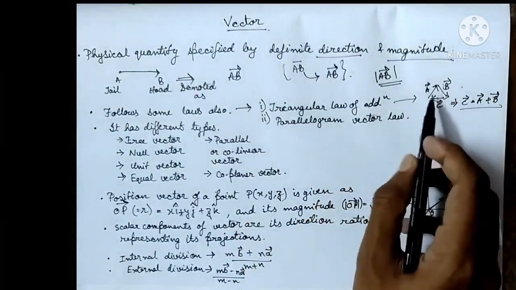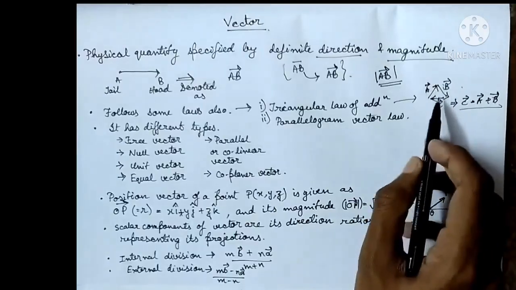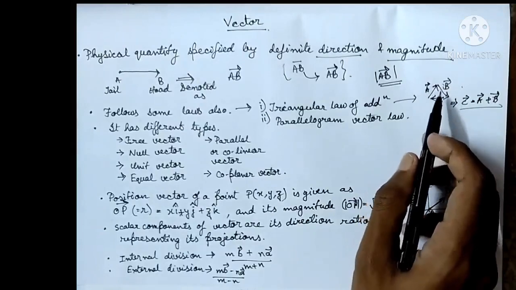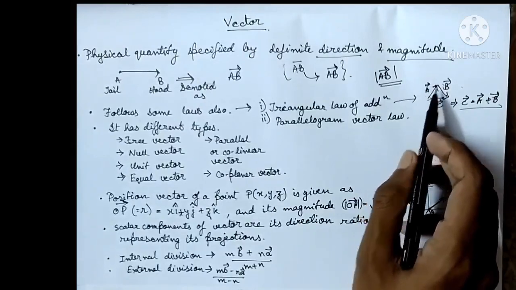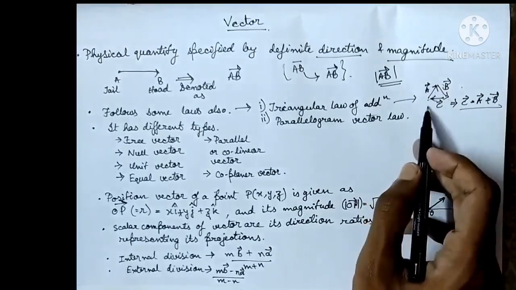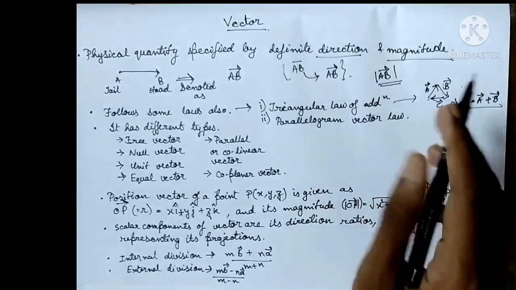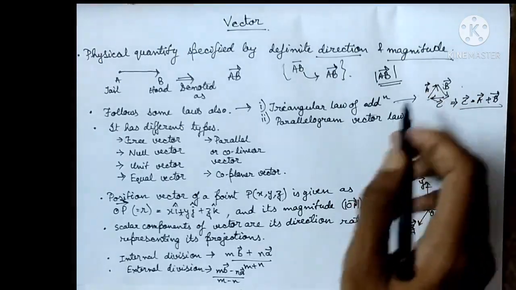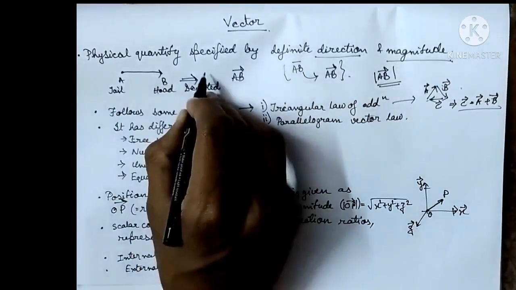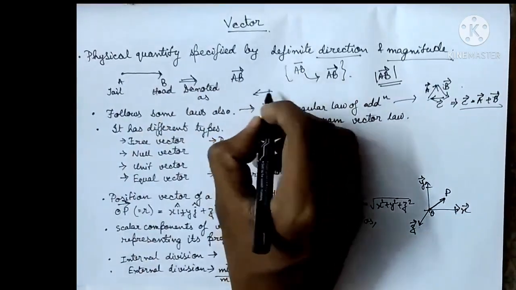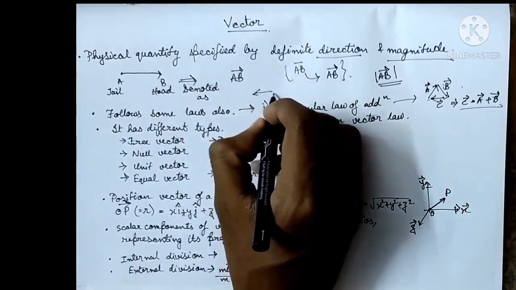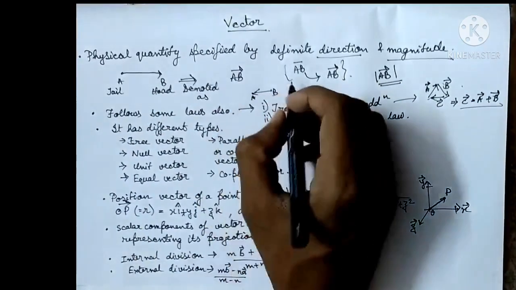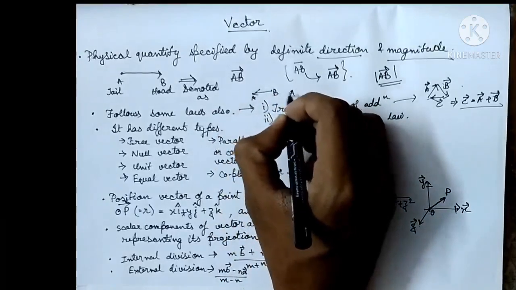Similarly, it must be in a clockwise direction or in an anti-clockwise direction. Now suppose we have this arrow A in exactly the opposite direction, then how will we write it? We will write it as minus A. If AB is this one, and this is B and this is A, suppose, then this is minus AB.